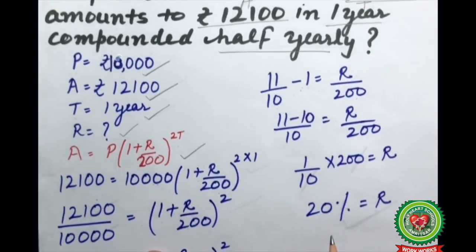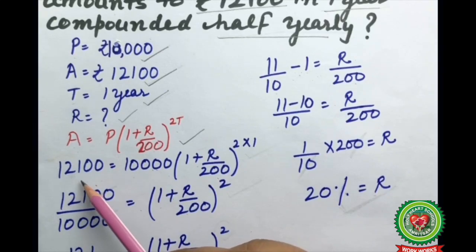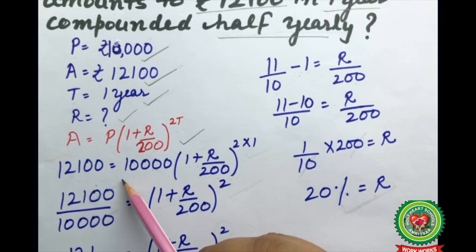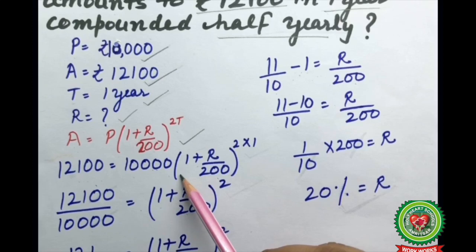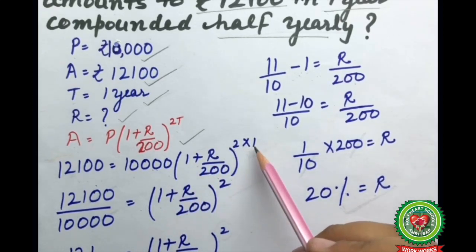Now we are going to substitute the values. On substituting, we get 12,100 is equal to 10,000 bracket 1 plus R upon 200 raised to power 2 into 1.